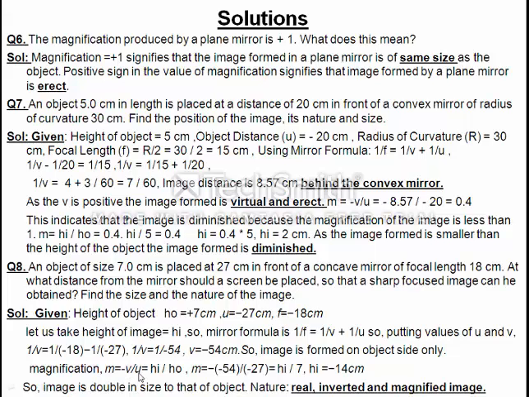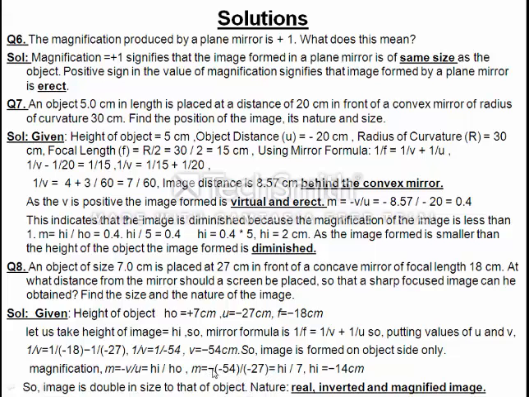Magnification, M is equal to minus V by U, equal to Hi by Ho. So M is equal to minus of minus 54, as we got V as minus 54, upon U minus 27, equal to Hi upon Ho, which is 7. So when we solve this, Hi will be minus 54 into 7 upon minus 27.